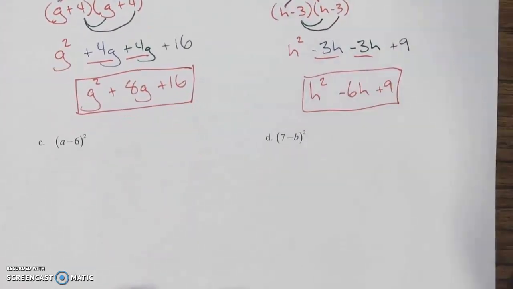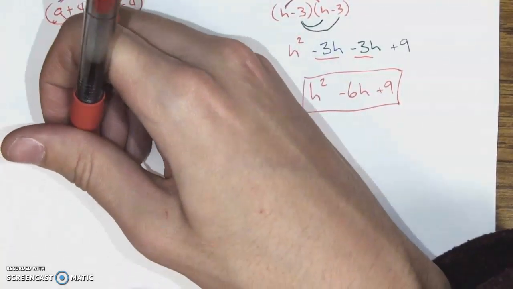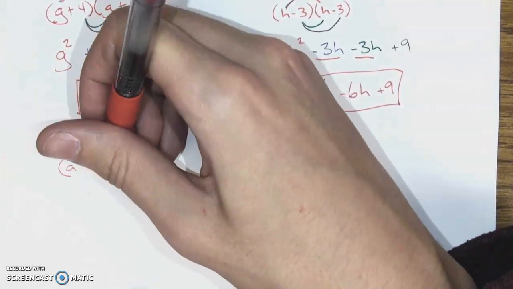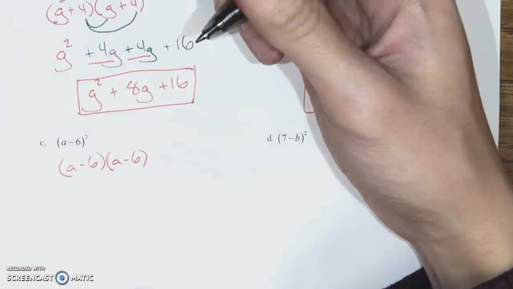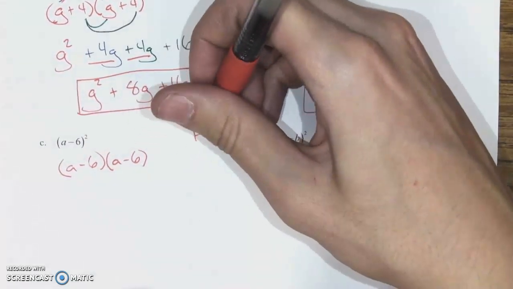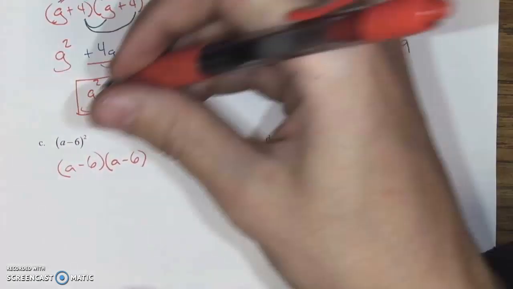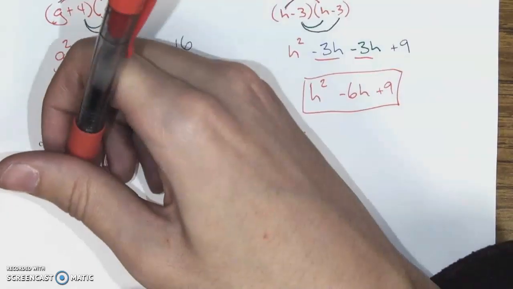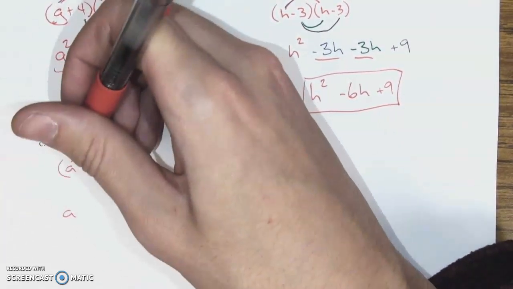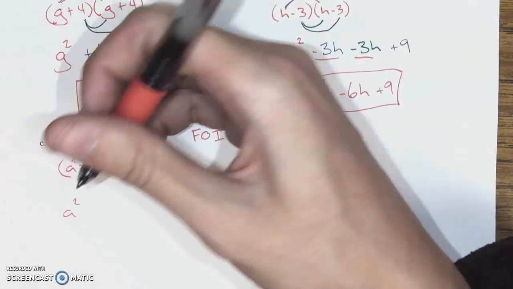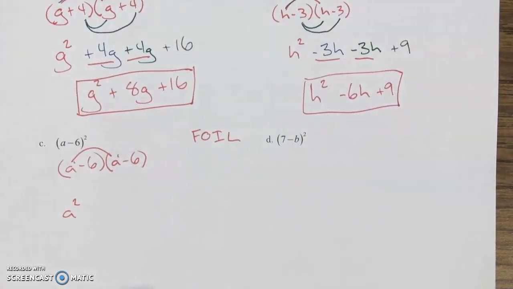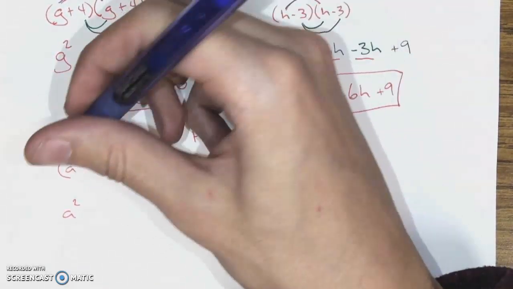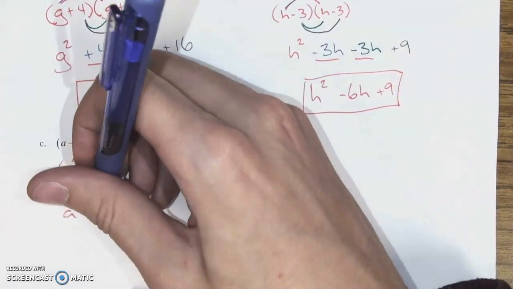Let's do a couple more. Here we have a minus 6 times a minus 6. We're rewriting that, expanding it. We're going to use FOIL again. So first, a times a is a to the 1 plus 1, or a squared. Outer, we have a times negative 6 is negative 6a.